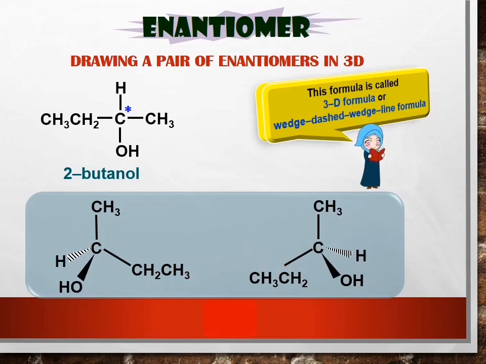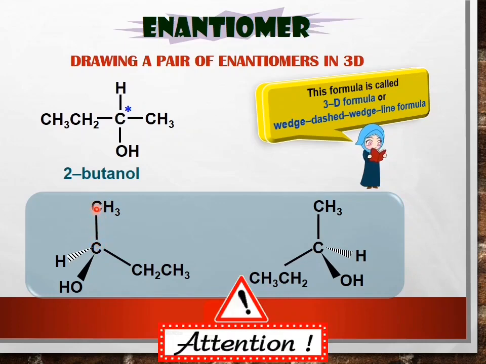Okay guys, I want to remind you, you need to be careful when you draw this enantiomer. You can put any group of atoms here, here, or here, or here. But you need to be careful about the connectivity between this group and this carbon atom. For example, for CH3, the bond that bonds to this carbon should bond with the carbon, not with the hydrogen.